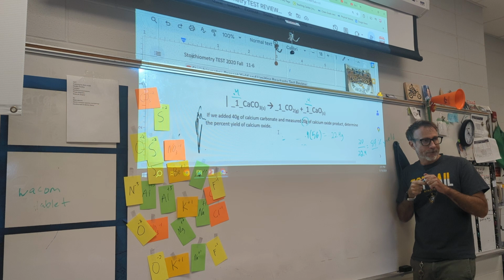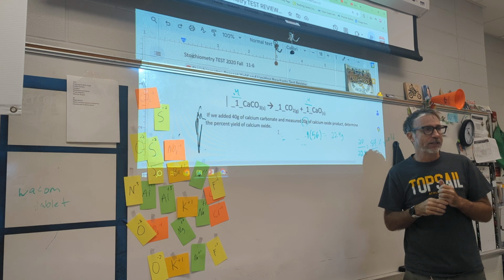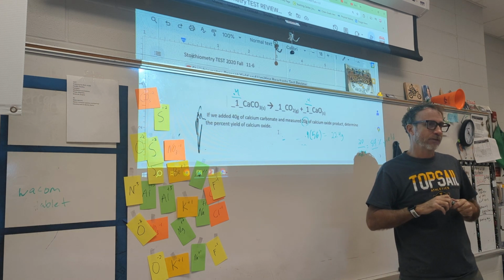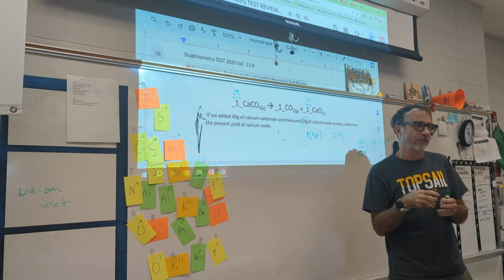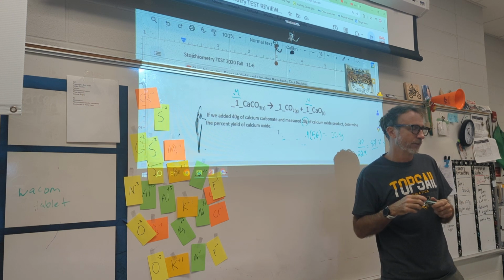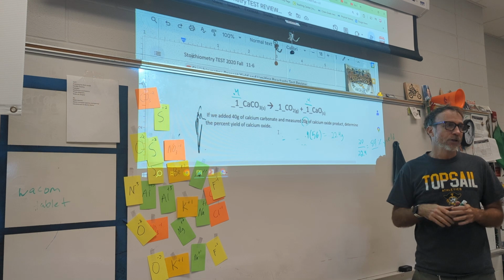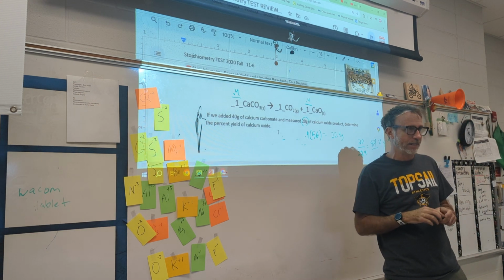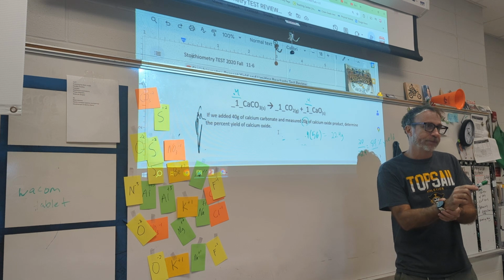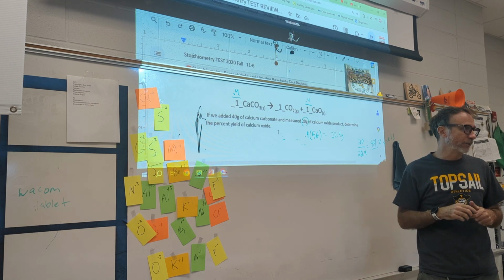That makes sense? There's a really famous scene in Breaking Bad where Walt realizes that Jesse's taking like 2 kilos of meth because he does the percent yield, and their percent yield is normally like 97%, which is super high for a chemical reaction. And he knows how much it is.